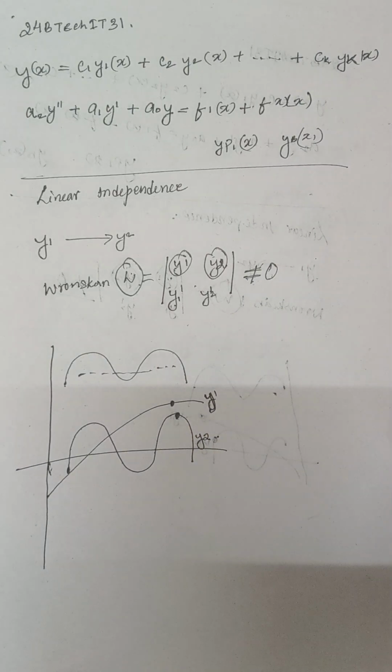So the Wronskian is the determinant that determines whether two functions are linearly independent of each other or not.